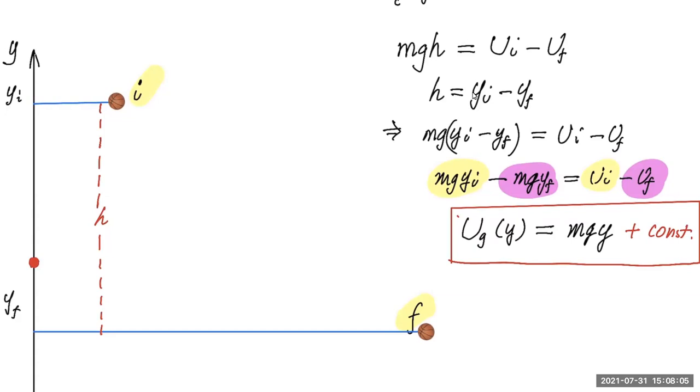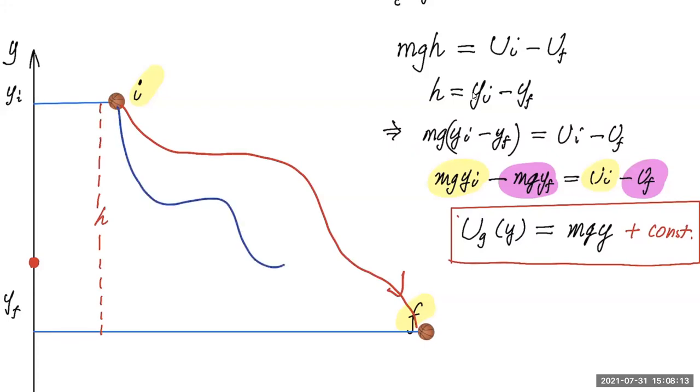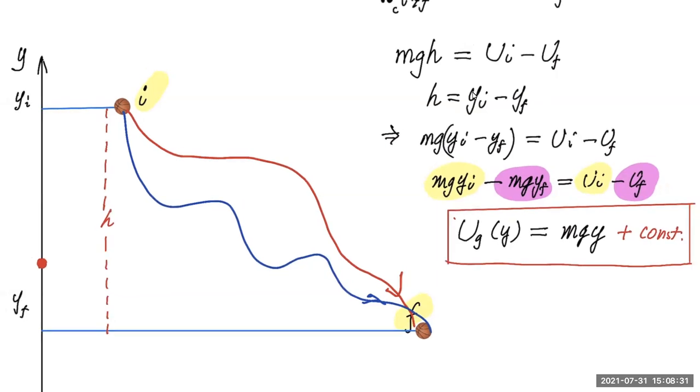You can take a path like this, or a path like that. It doesn't matter as long as you get there. The work done is the same. This is something we have already seen in a previous chapter, so I'm not going to repeat it here. If you cannot recall that, just go back to chapter 7 and see how we calculate the work done by gravity.